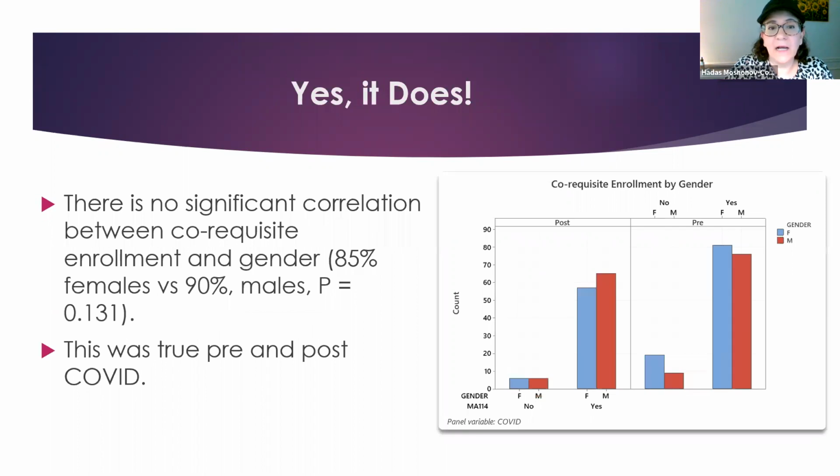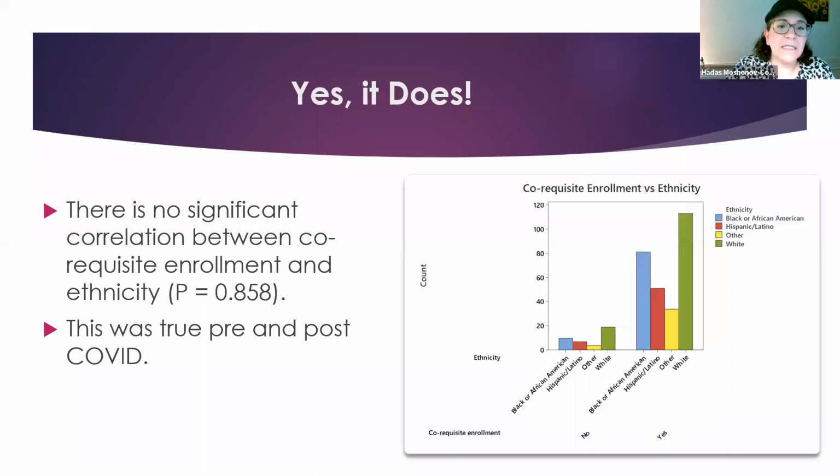One of the last things I looked at was whether there was a significant correlation between Corequisite enrollment and gender. Surprisingly, there were about the same percentage of females and males in the Corequisite, and this was true pre and post COVID, as you can see on the graph. Regarding ethnicity, we have seen similar distributions.